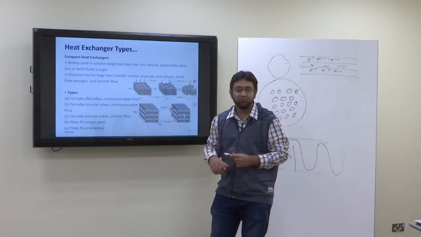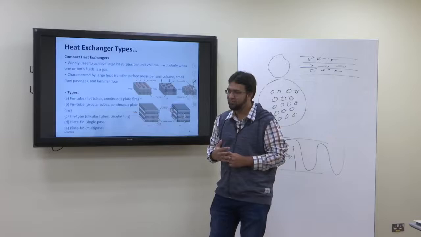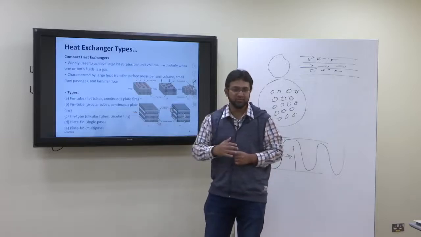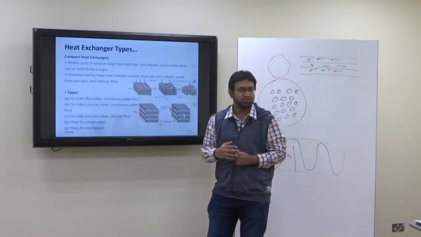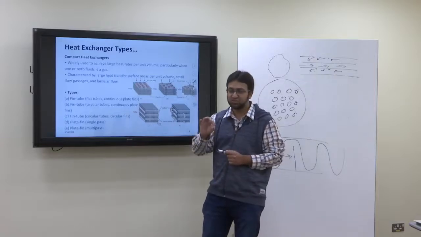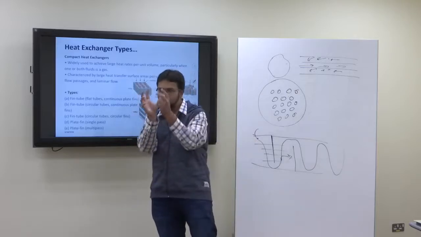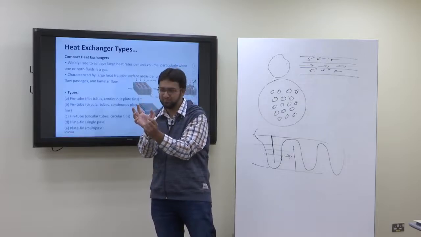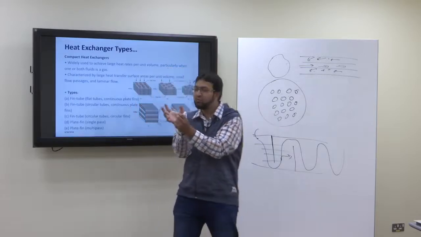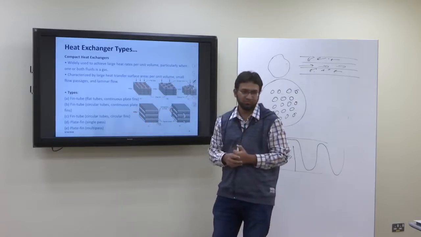You know, the world's most compact heat exchanger is our lungs. Our lungs are the most efficient and most compact heat exchanger. Within the small volume of our lungs, the heat transfer surface area is maximum. You cannot have more heat transfer surface area within that volume.